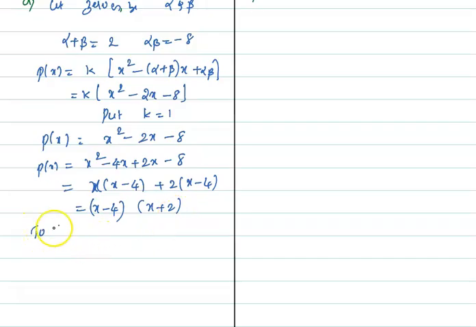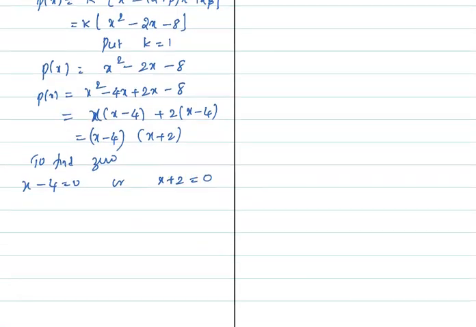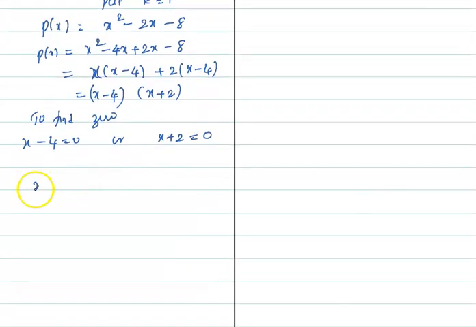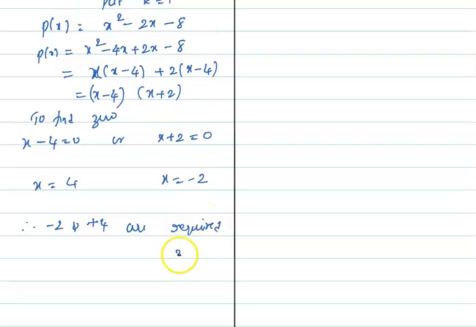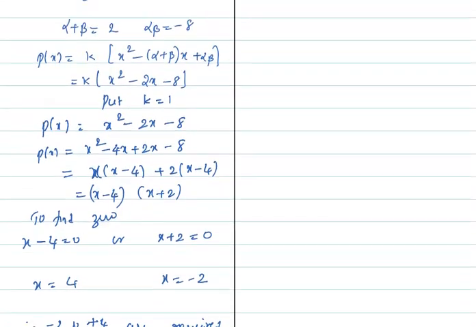To find the zeros, put x minus 4 equal to 0 or x plus 2 equal to 0. So the zeros of the polynomial are x equal to 4 and x equal to minus 2. Therefore minus 2 and 4 are alpha and beta, as required. This is the solution for question number 29.